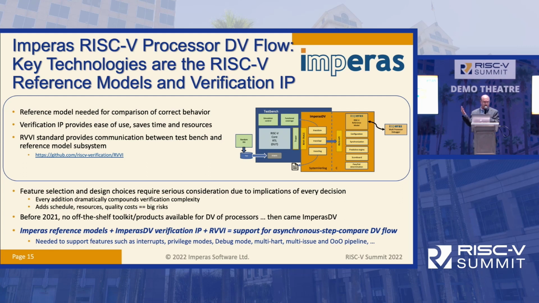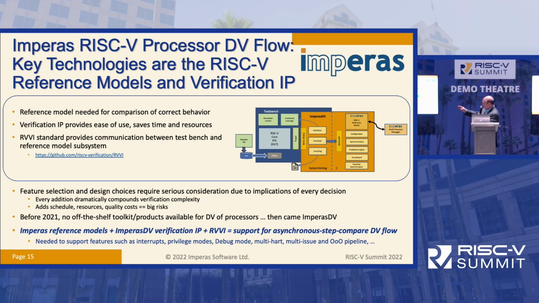Before 2021, there was no off-the-shelf toolkit or products for DV of processors of any ISA. A year ago at the RISC-V Summit, we introduced Imperas DV, the verification IP for RISC-V.